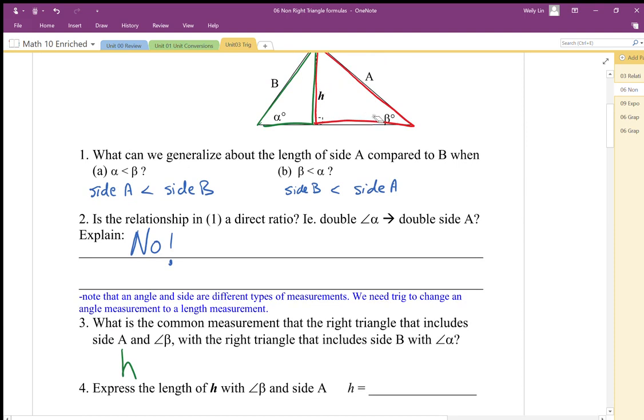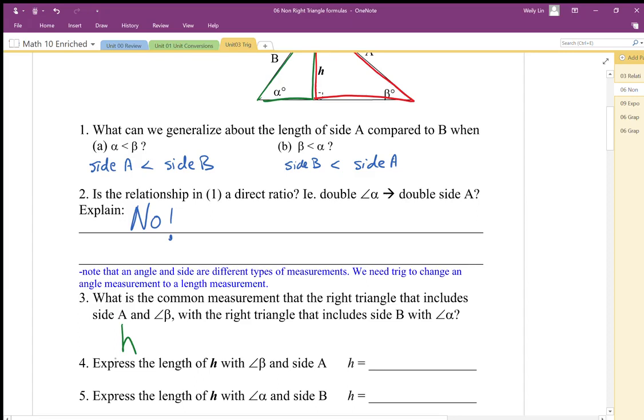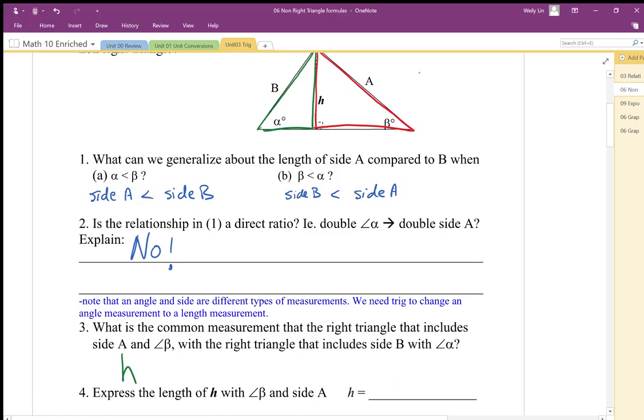We're going to do it using the sine ratio, where H divided by A is equal to sine beta. So if I want to express the length of H with angle beta and side A, in the red triangle here, I'll show the ratio H over A equals sine beta.